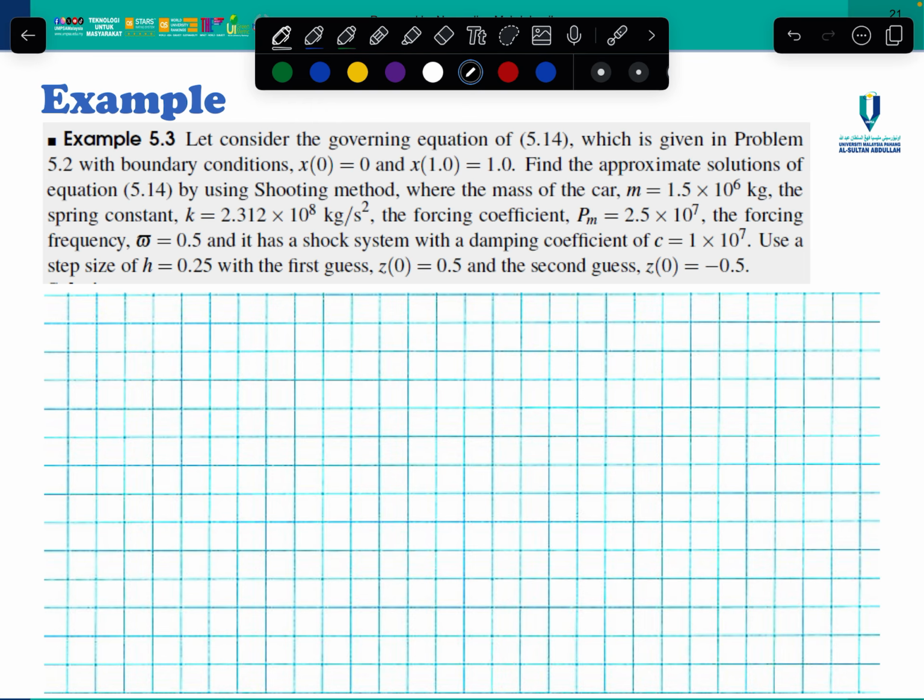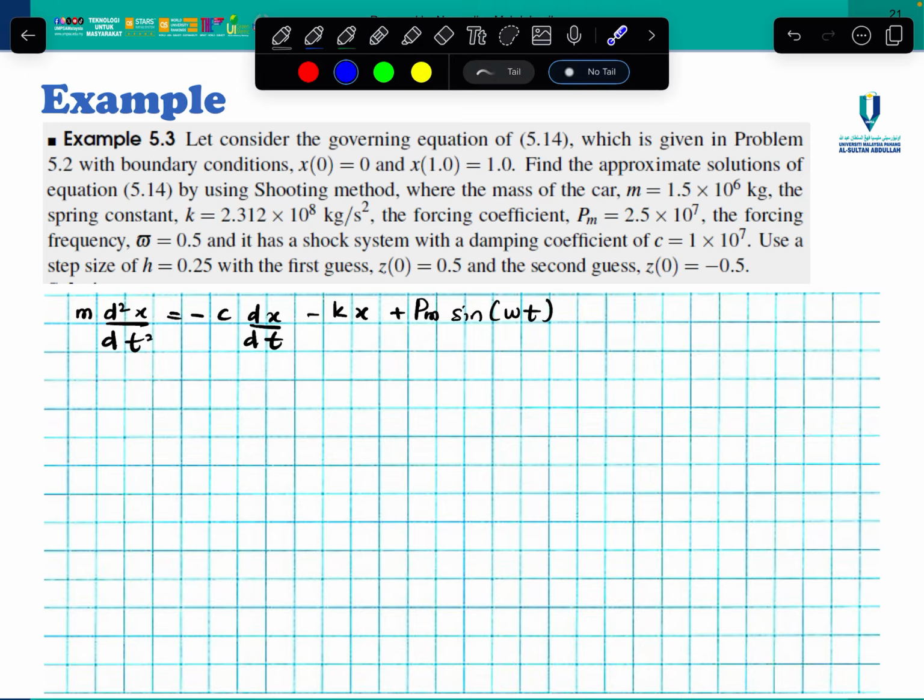So I will write here the governing equation is m d²x/dt² equals negative c dx/dt minus kx plus pm sin(ωt), which is given in problem 5.2 with boundary conditions x(0) equals 0 and x(1) equals 1.